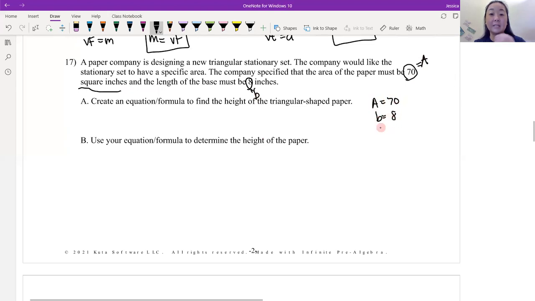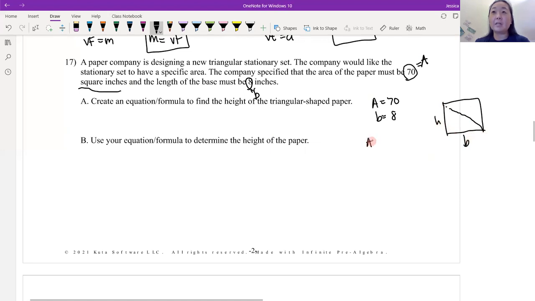I always like to write this information down because it helps me later on. And the thing we need is the formula to find the area of a triangle. If you don't remember that, I just always think of a rectangle because I know how to find the area of a rectangle, right? And so it's going to be length times width. And then we're just going to divide that by 2, right? So it's just half of that. So here's the base, here's the height, and we just want half of it.